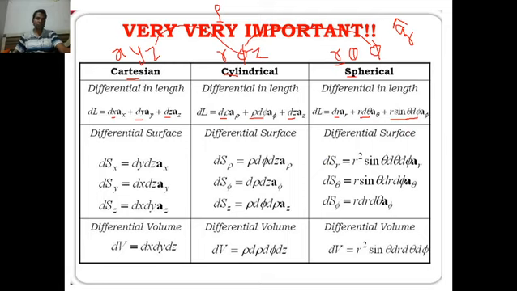So the total differential length of the Cartesian system is dl bar, or dl, equal to dx ax plus dy ay plus dz az.